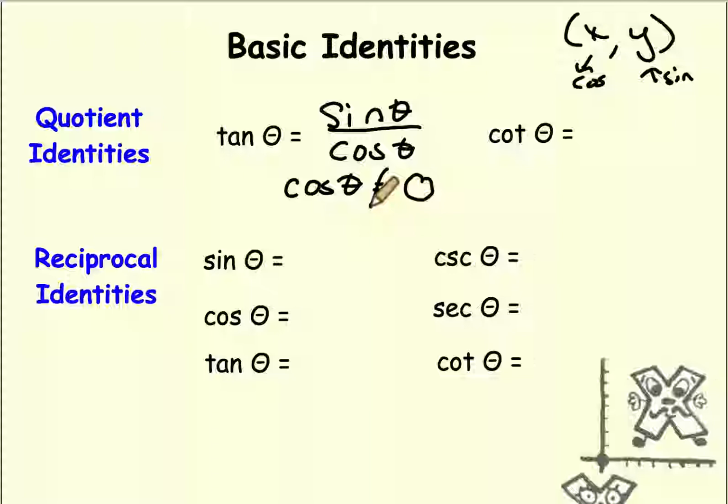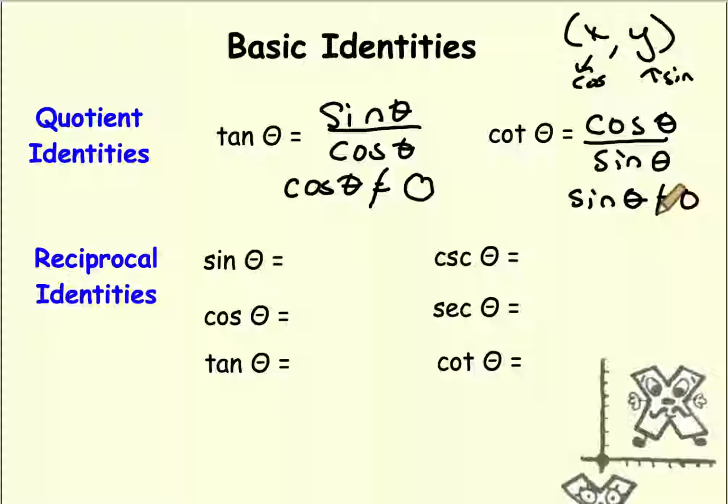The cotangent is the reciprocal of tangent, so cotangent is the ratio of cosine over sine. Basically, any place you see cotangent, you can write it like this, as long as sine is not equal to 0.